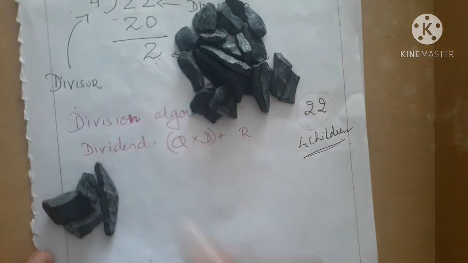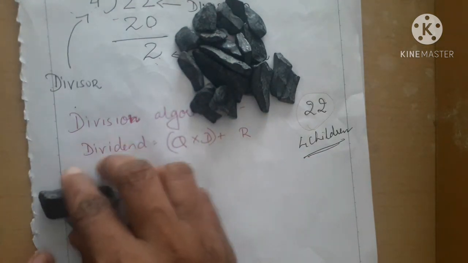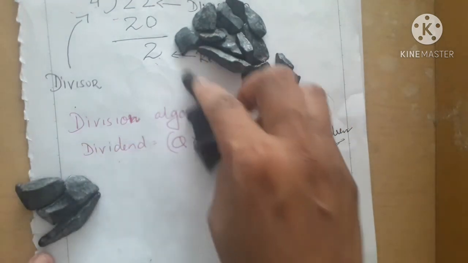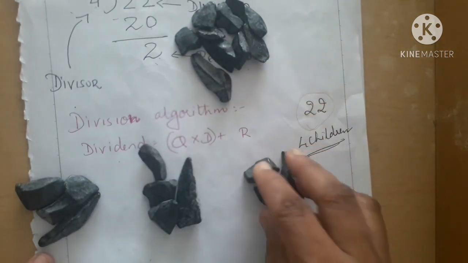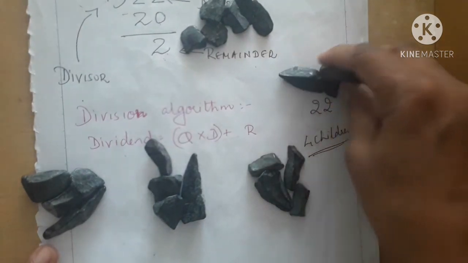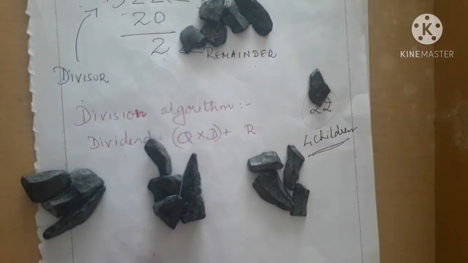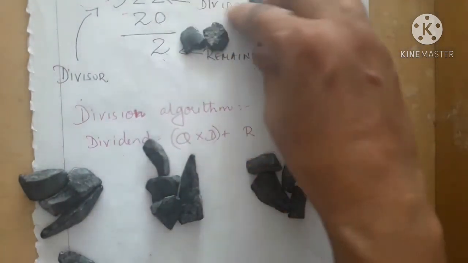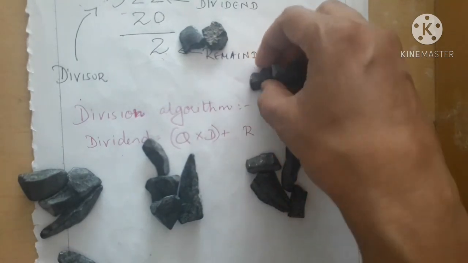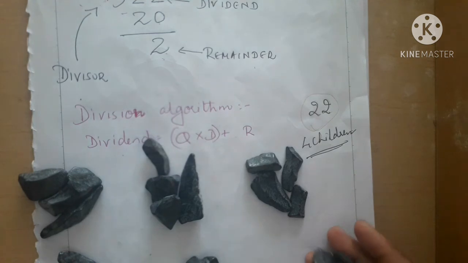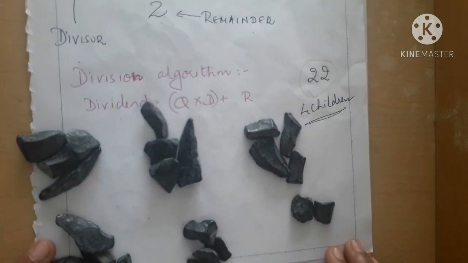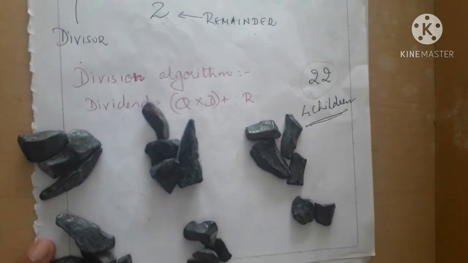So here 4 are removed. At first stage 4 are removed. Then once again 4 are removed. Then once again 4 are removed. So here I remove 4. Then again I remove 4. And now, how many are left out? These 2 are left out. Is it okay? So, what is this I have done? That is repeated subtraction.